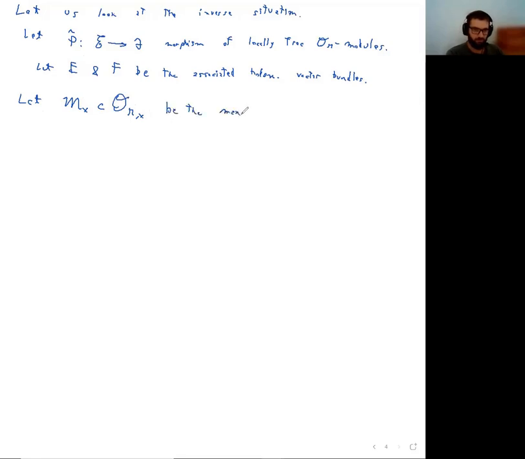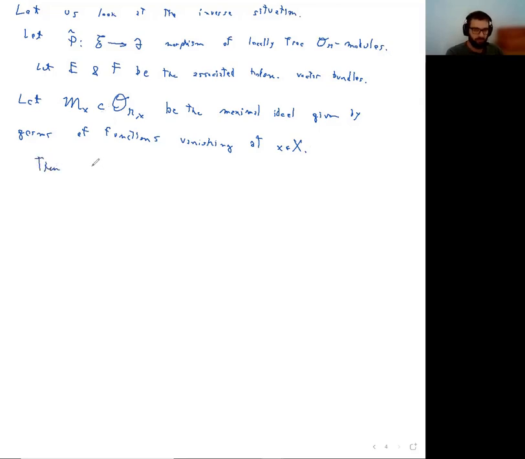The maximal ideal given by germs of functions vanishing at x. Okay, so this is just all holomorphic functions. Then you look at germs of holomorphic functions, and you take precisely the ones that vanish at the point x. Yeah?